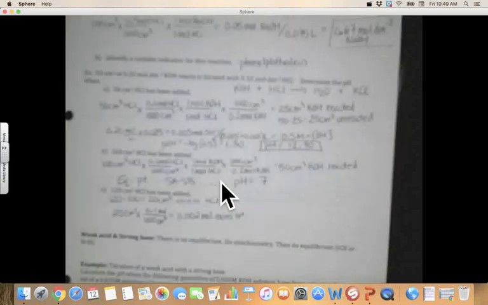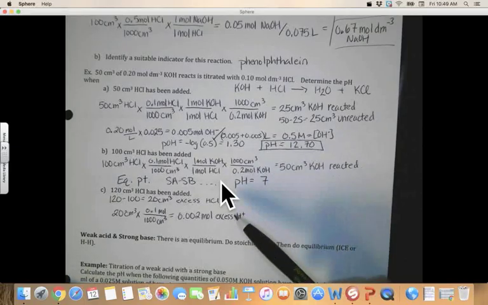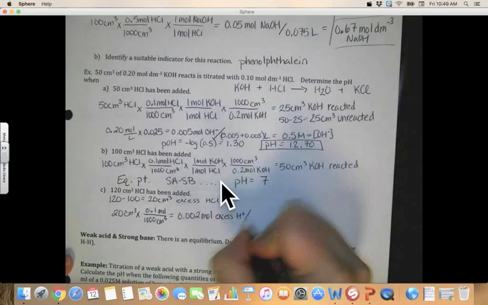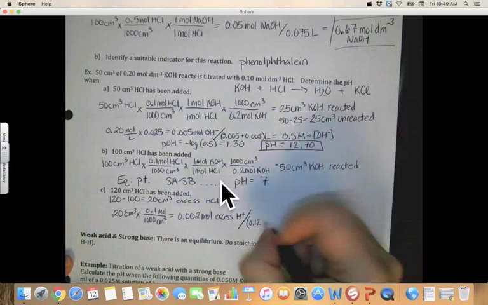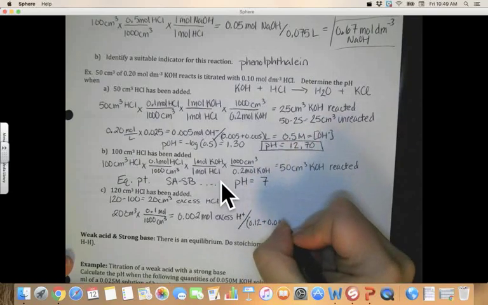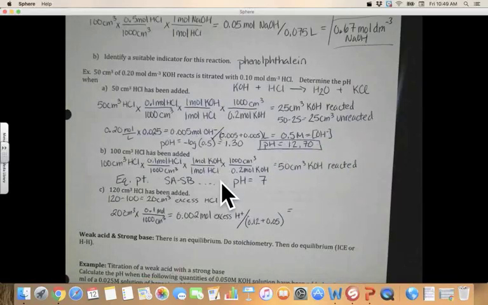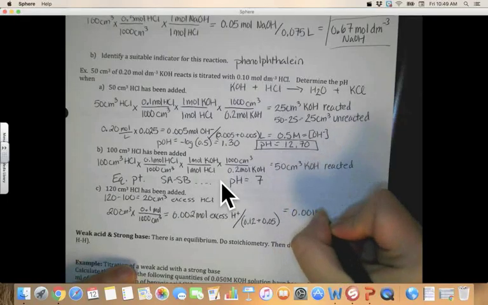Let's focus that. It's getting a little blurry. Okay, I want to know the pH, so I need to know the molarity of this. So I've got moles, I need to know liters. Well, I had 0.12 liters of the acid plus 0.05 from the base. So if I divide that 0.02 by 0.17, I'm going to get a molarity of 0.0118.